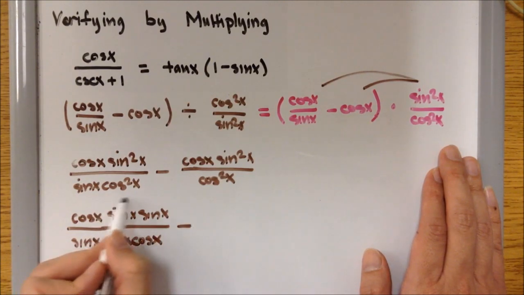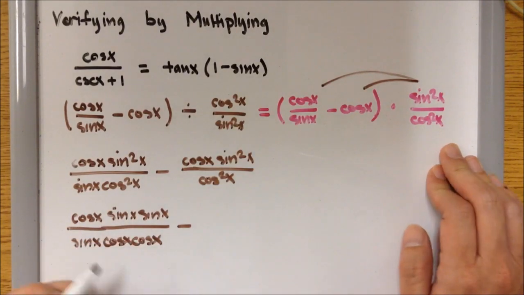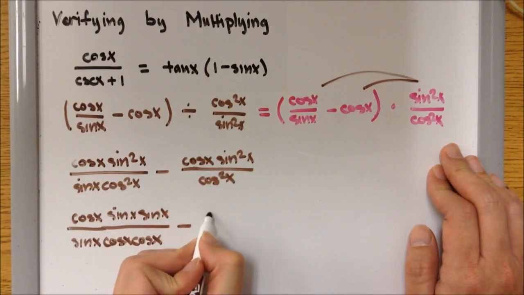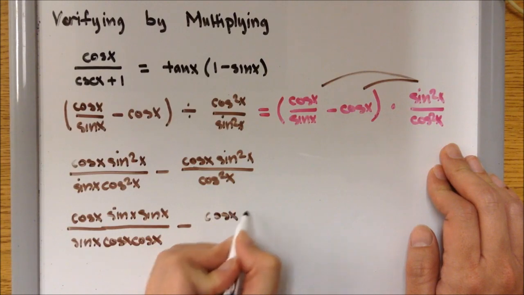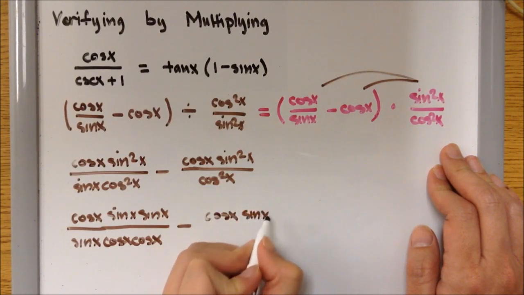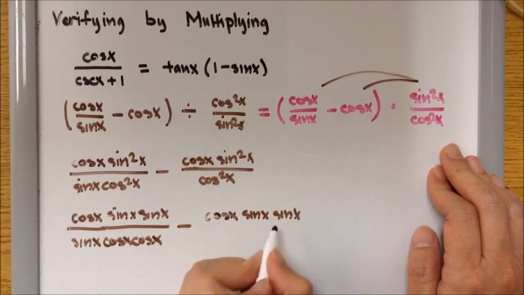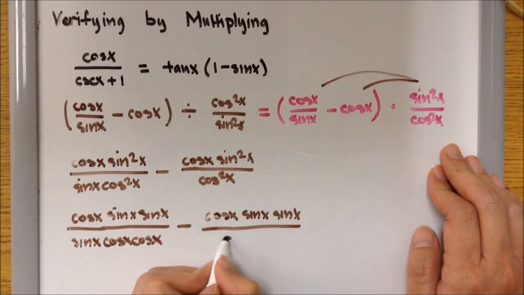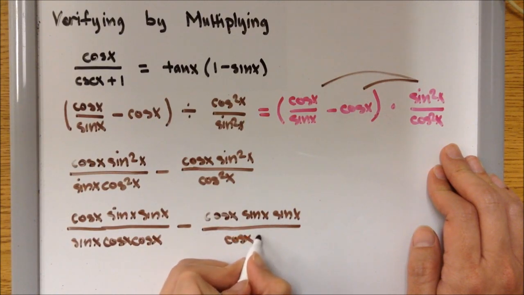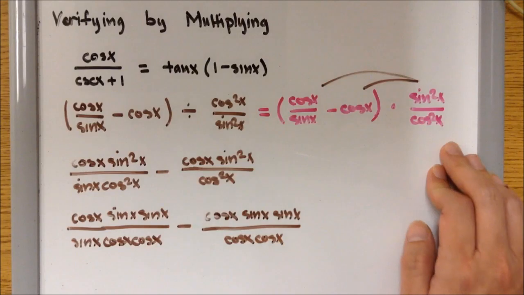Cosine x, that was for the cosine squared x. Now the next one, cosine x sine x sine x over cosine x cosine x.